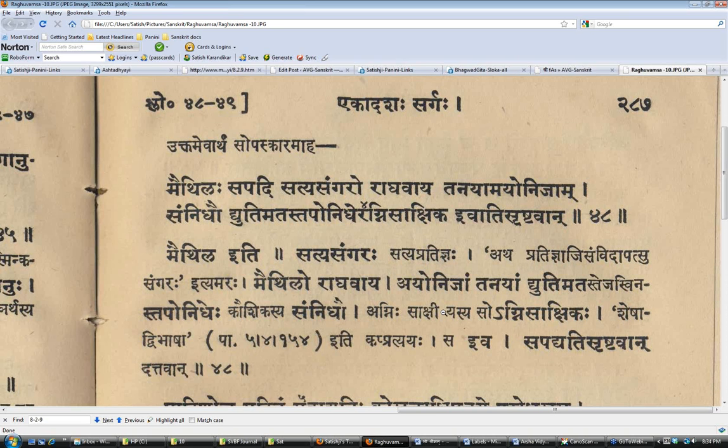Agnihi Sakshi Yasya Saha. Of course, but this time when you see Yasya Saha, immediately think bahuvrihi compound. So he was one who had Agni as the witness. The Prajapati Sakshin, Prajapati becomes Sakshin. Sakshin is the Prajapati.